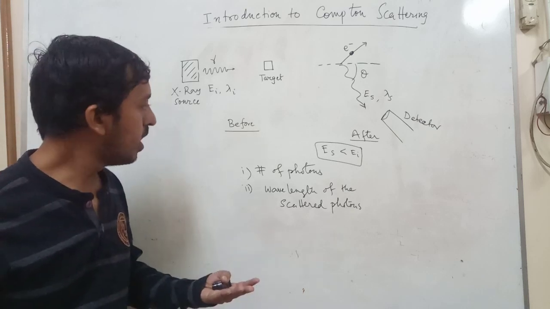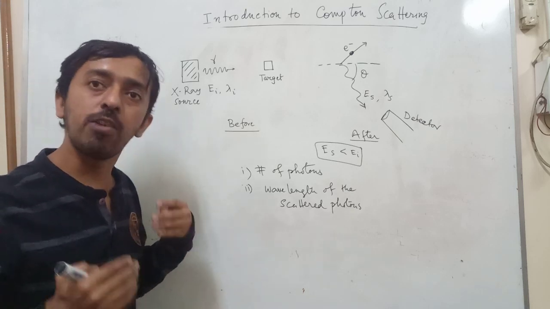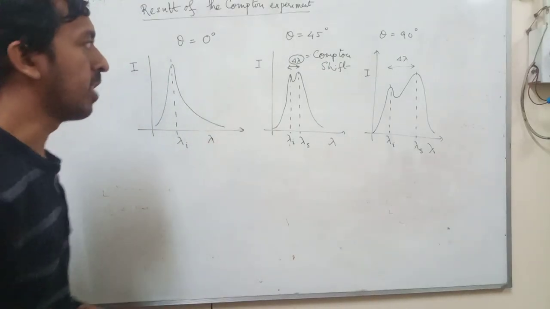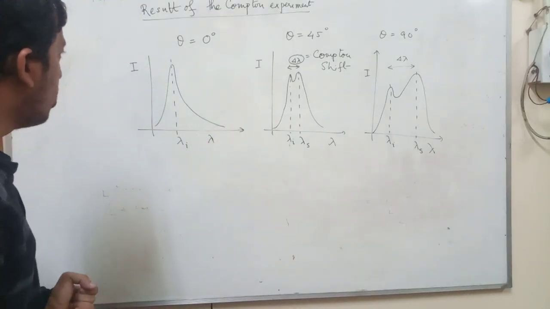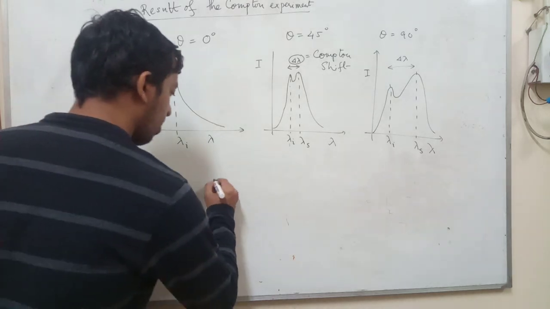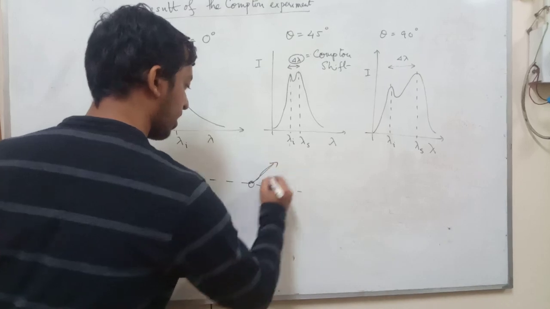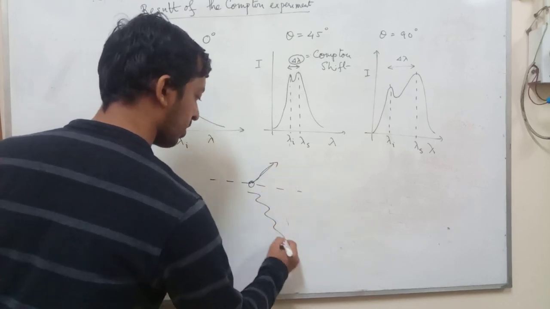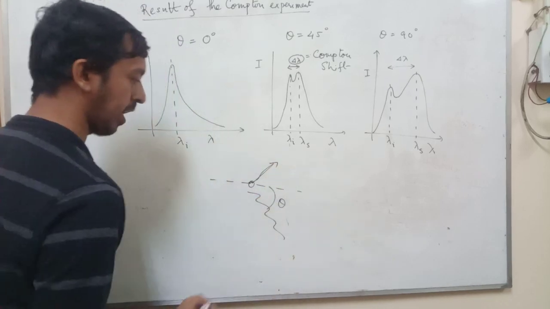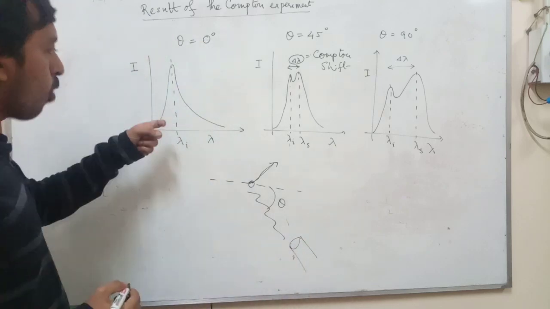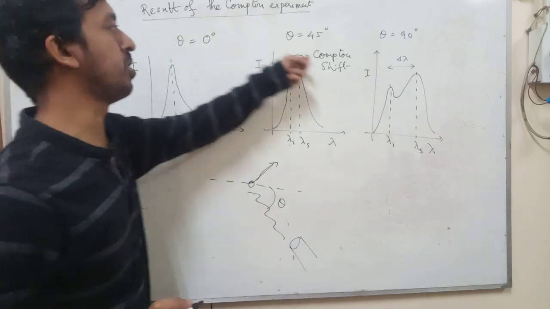Next, we move on to the result of the experiment. Let's see the result of the Compton experiment. Remember what we had: this scattering line, electrons flying off in a certain direction and the photons getting scattered along certain directions. We have detectors here. Now we plot for three different positions.